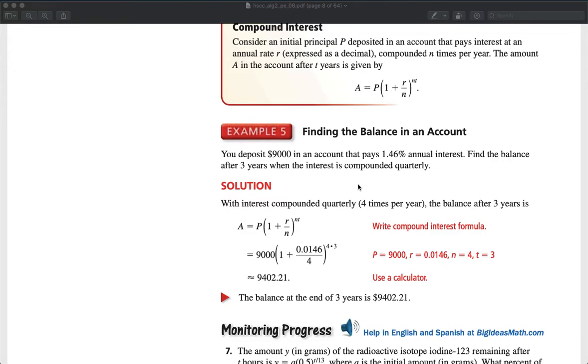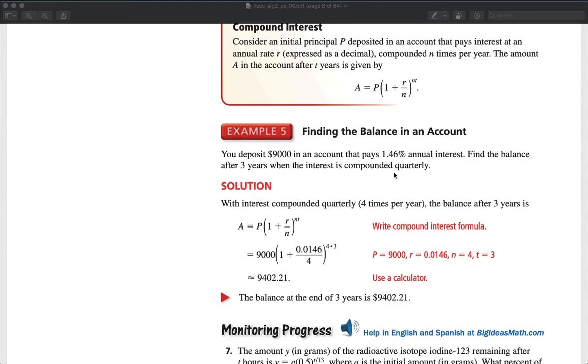By the way, don't fall for that, and make sure your parents don't fall for that. Say you went to Chase or Bank of America or some bank that actually pays you to have your money in their account. Find the balance after 4 years when the interest is compounded monthly.